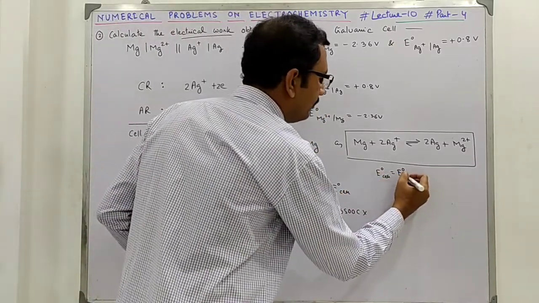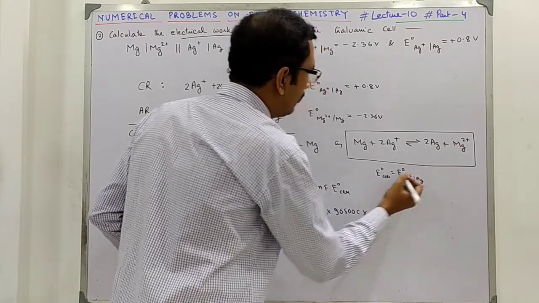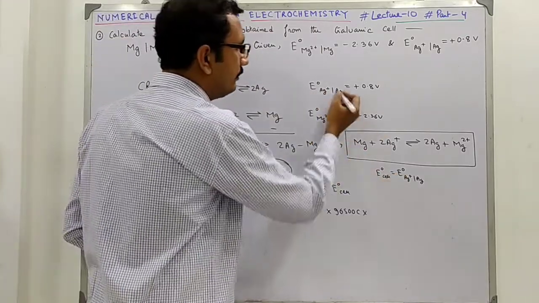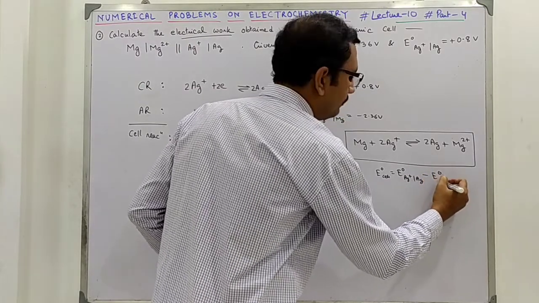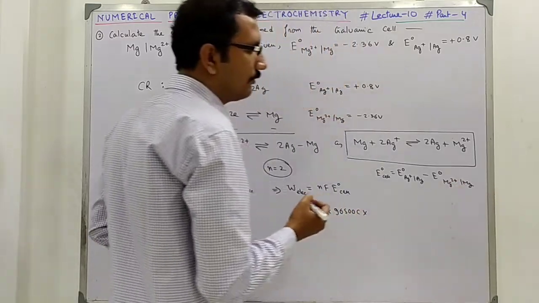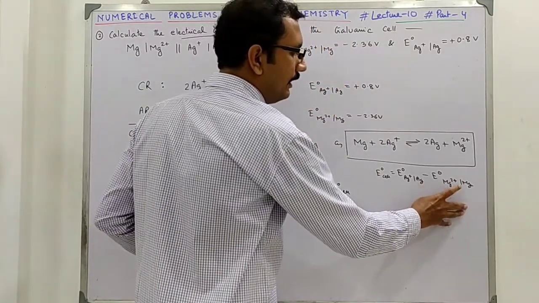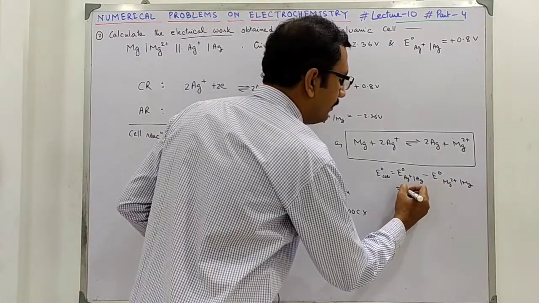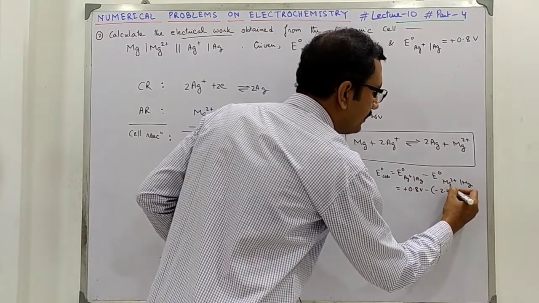So, it will be E0 Ag plus Ag, this belongs to cathode, minus E0 Mg2 plus Mg, this belongs to anode. So, it will give us plus 0.8 volt minus 2.36 volt.